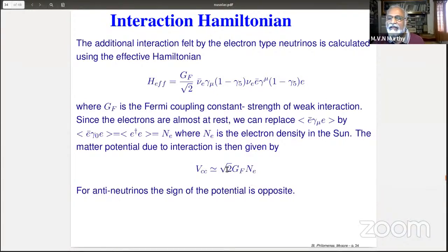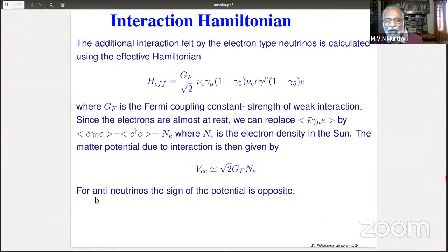It is given by √2 times GF, where GF is the strength of weak interaction, called the Fermi coupling constant, multiplied by the number density Ne of the electrons in matter. It depends on what the neutrino is passing through. The electron density in the Sun is different from the electron density on Earth. So this matters when neutrinos are going through matter.